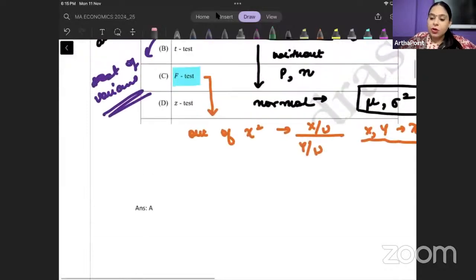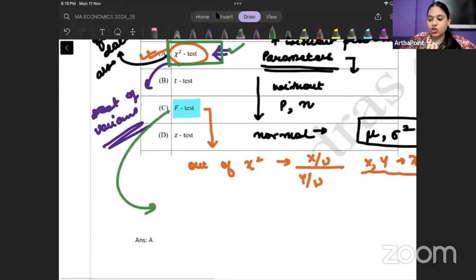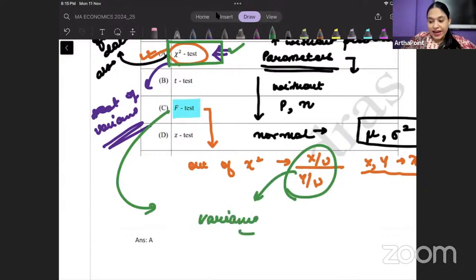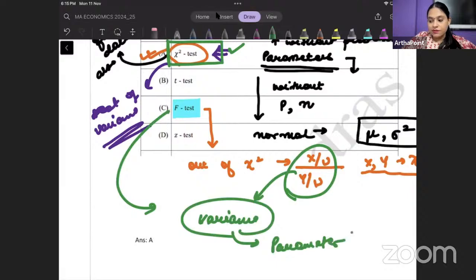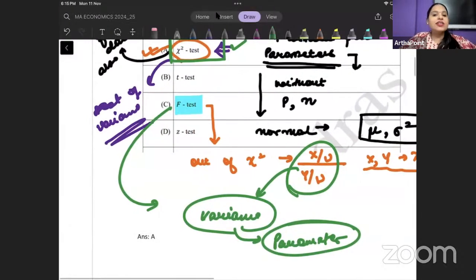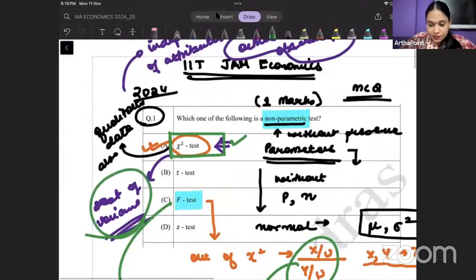Why not F? Because F just has one application, and here we were using the concept of variance. And that is the presence of a parameter. Variance is one of the parameters I require. So F doesn't have any other application. F just has one application, comparing the variance of two samples. This part, testing the variance with the population, that is part of parametric test.